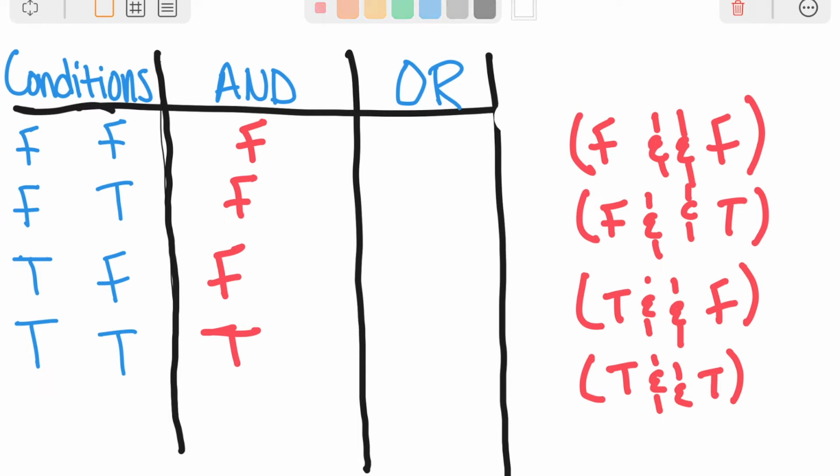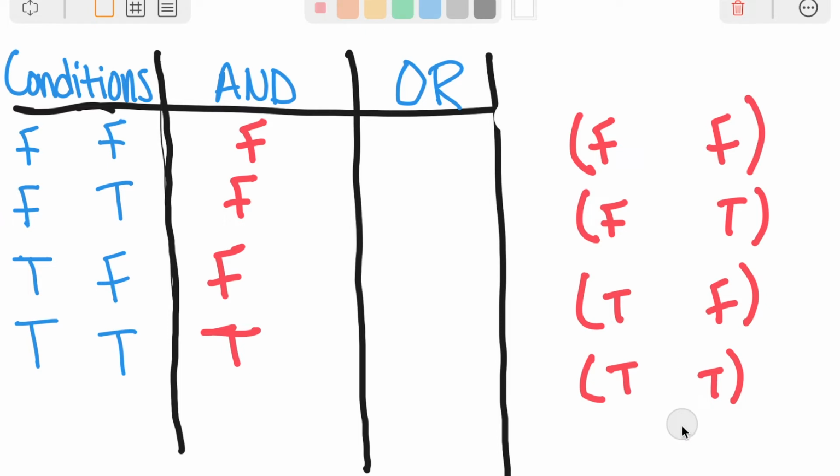Now let's just go over OR. So for OR, false and false is going to mean false because they're all false, so obviously that condition is false. So the next one is false or true. Remember, they can all be true or at least one has to be true.